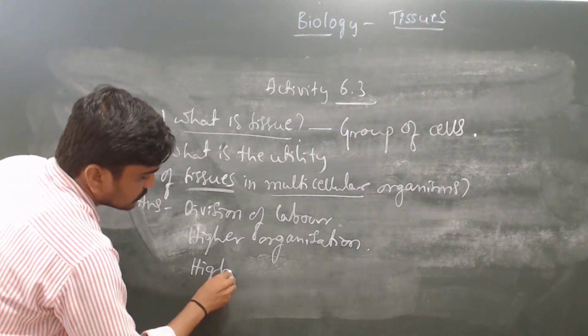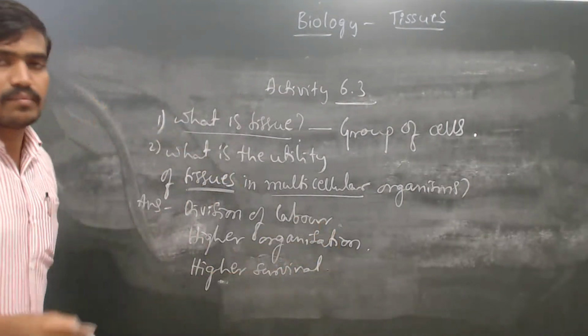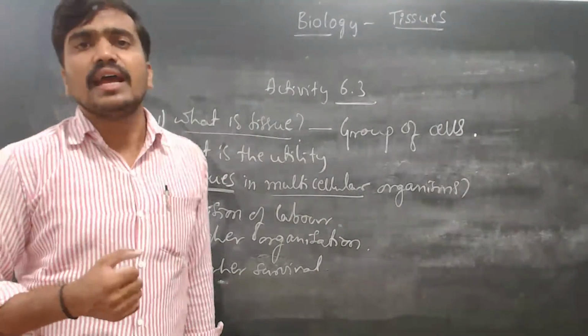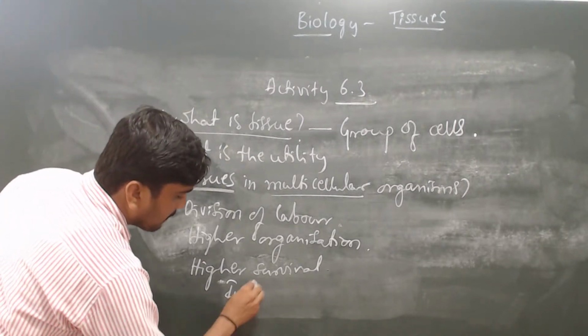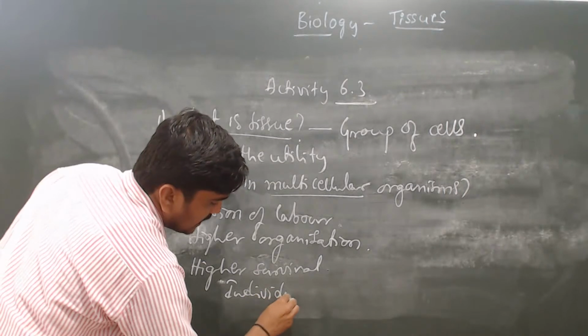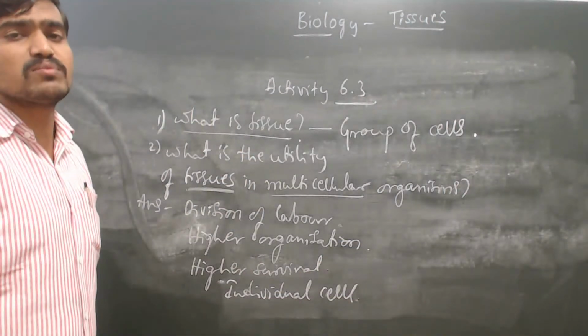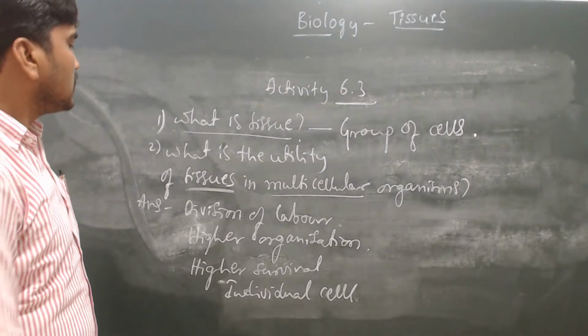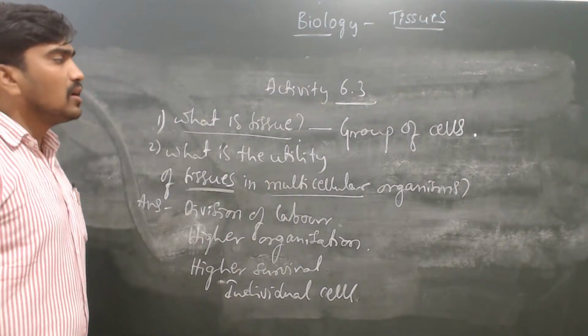Higher survival also depends on their habitat. Then the next one is individual cells. Individual cells have their individual functions. They perform different kinds of functions. This is the main utility of tissues in multicellular organisms.